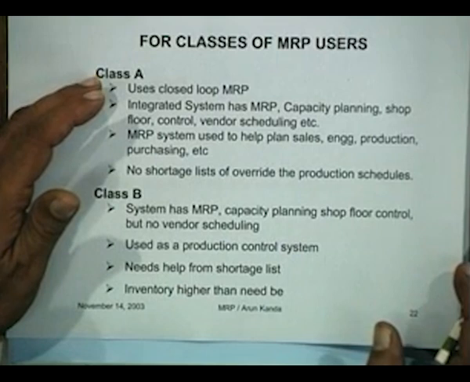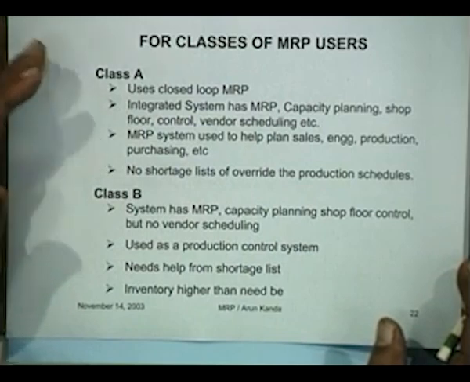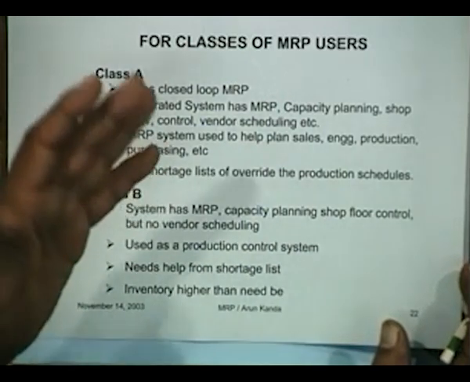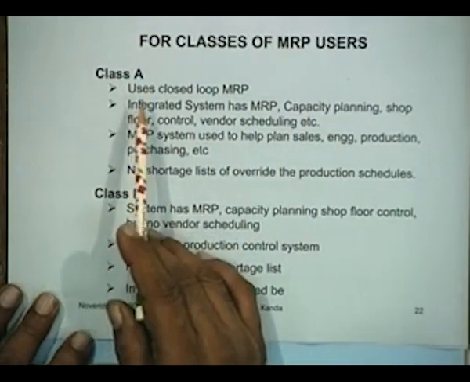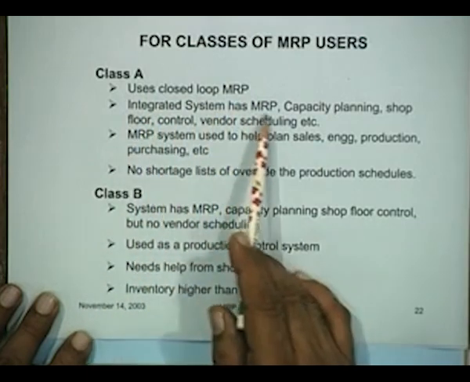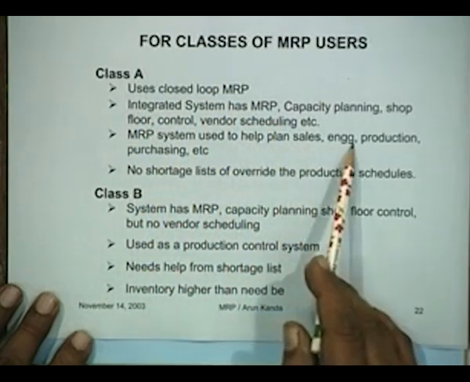It's like saying that if you were to practice on a PC, you would start as a D class user, then become a C class user, then become a B class user, and ultimately you would become an A class user. So typically an A class user, which is the best, would mean that you would tend to use closed loop MRP, you would have integrated systems, you would help to plan sales, engineering, production.